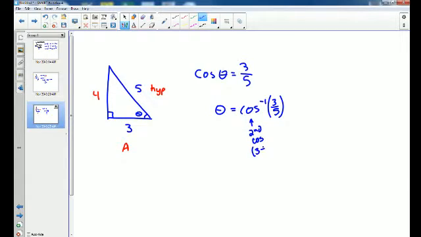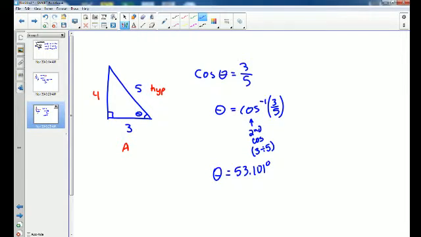Yeah, I got 53.1. 53.1301. And it's an angle, so put degrees on it, please. So that's how we find an angle. What's the bottom of this one? Use the inverse.